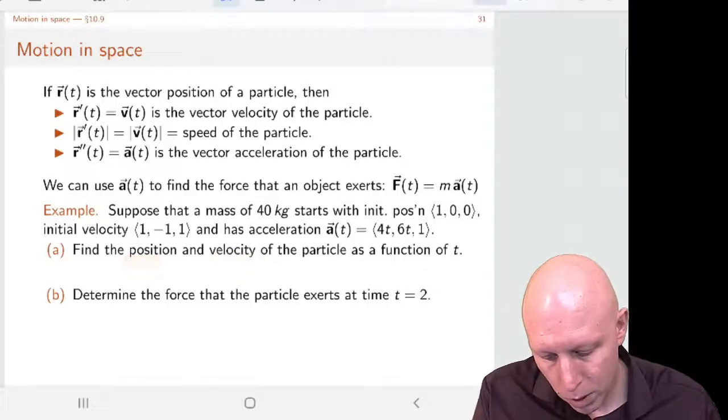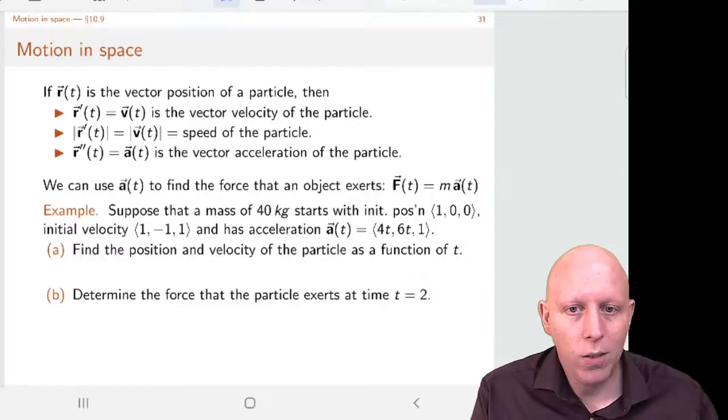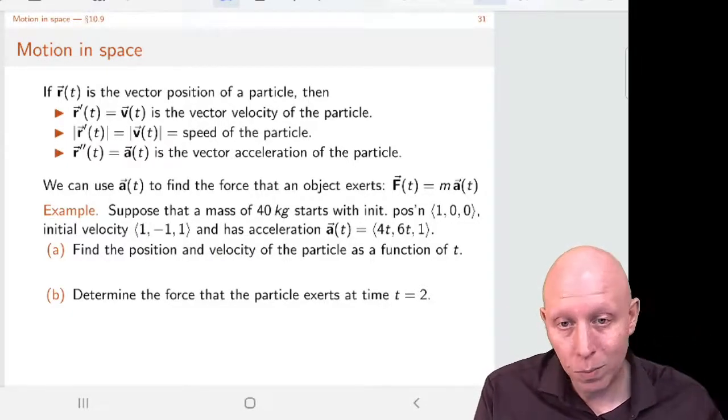So for position and velocity, we have to start with acceleration and integrate.